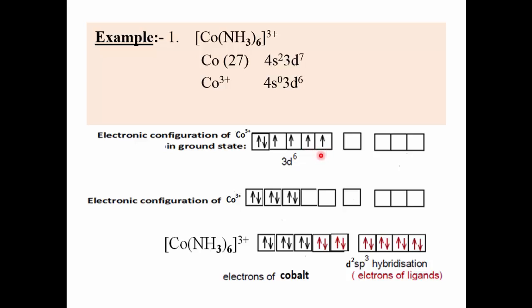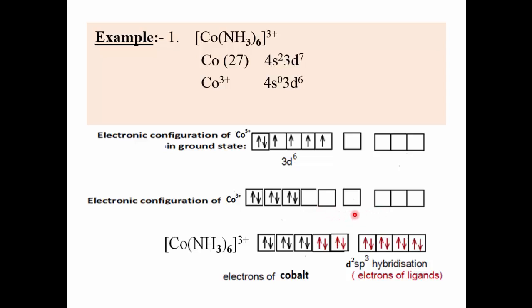To make these 2 d orbitals available for hybridization, there is pairing of electrons. Here there are 6 electrons, all of which are now paired in the next step. So these are also 6 electrons. Got it? And 2 d orbitals are made available by the cobalt ion for d2sp3 hybridization.